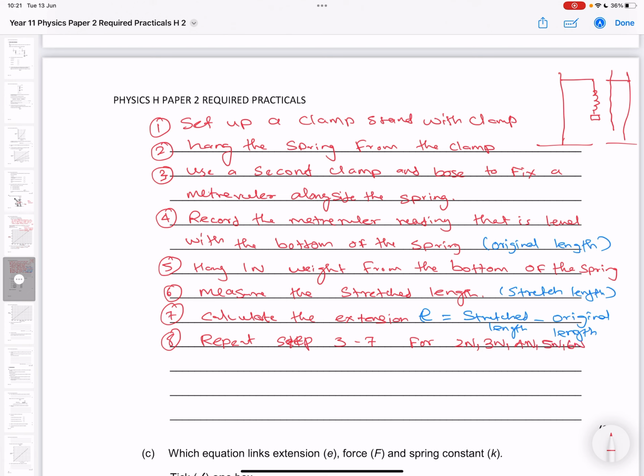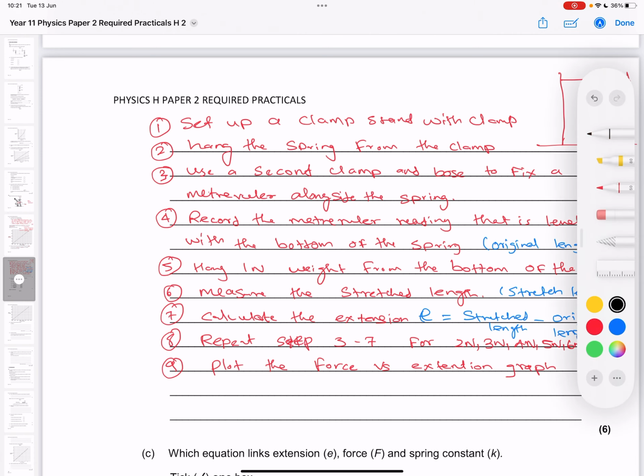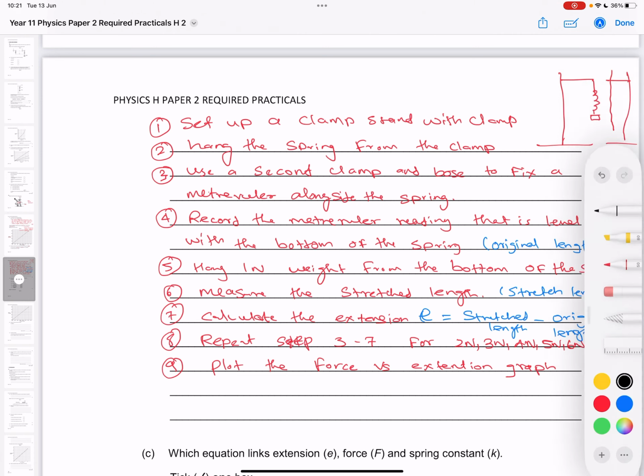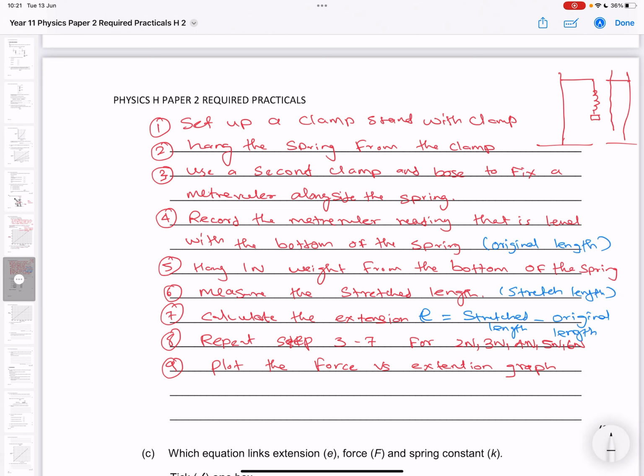And then you can record the results and plot the force against extension graph. Okay, that would be a model answer. And also, don't forget to mention the risk and risk assessment.